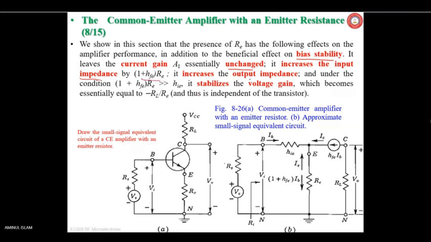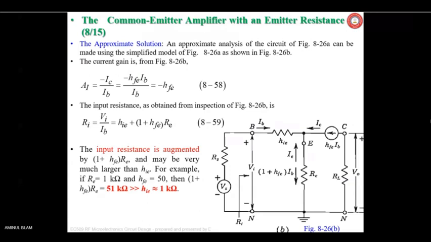It increases the output impedance, and under the condition (1 + hFE)RE much greater than hie, it stabilizes the voltage gain. These are the things done by the emitter resistance connected at the emitter terminal of the BJT in a CE configuration. Yes, understood. These things you remember.